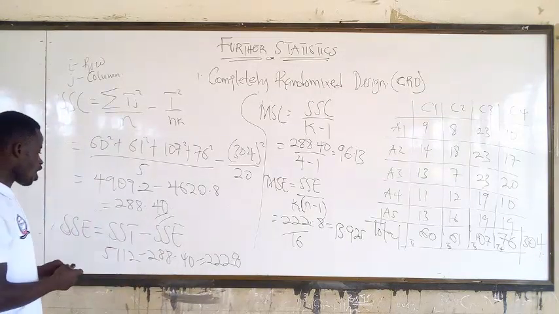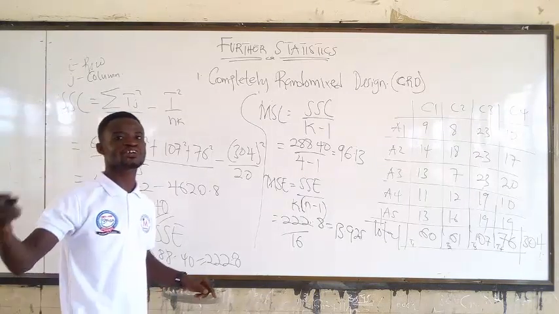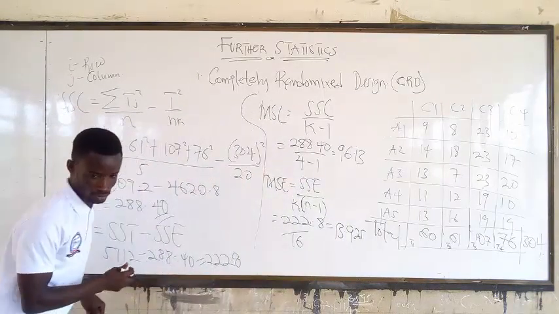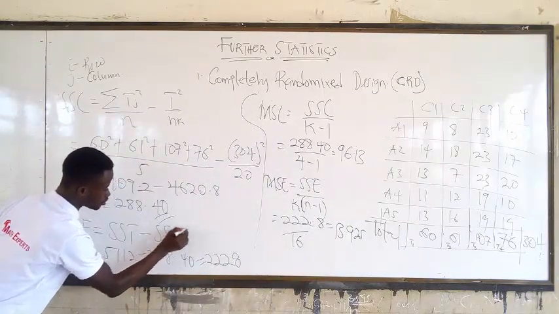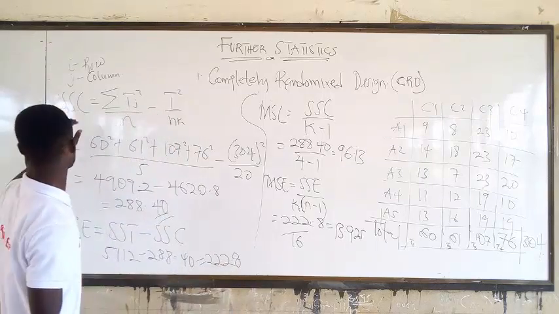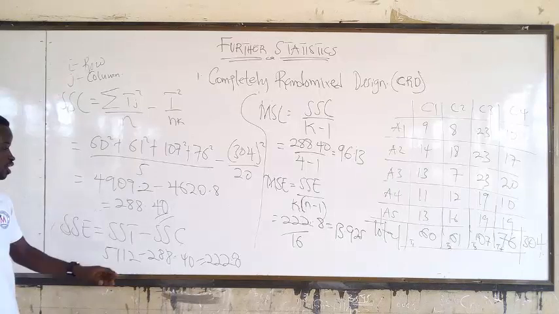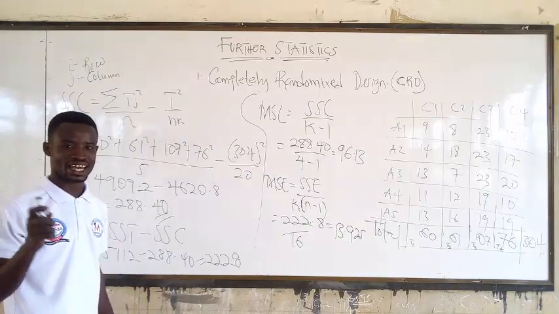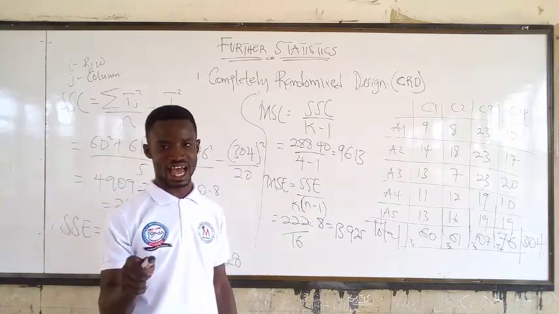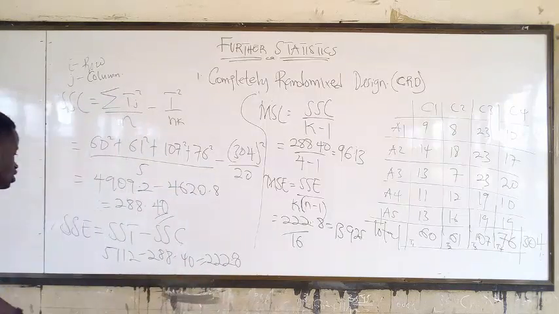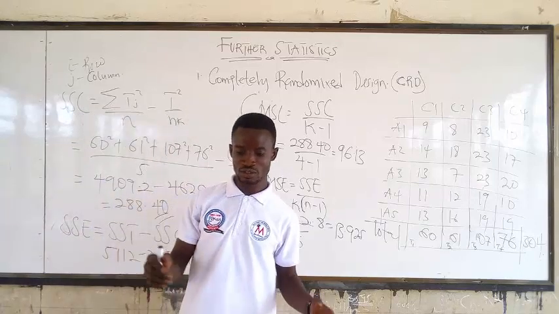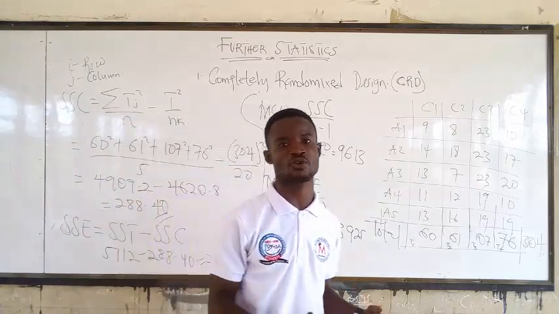And always the sum of square total should be greater than the sum of square column, because when you subtract, you can get a negative value. If you get a negative value, it means that something is wrong. So when you subtract this from this, you are going to get this. So from here, we are going to see how we are going to calculate our F calculated.